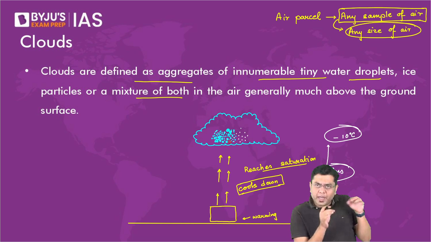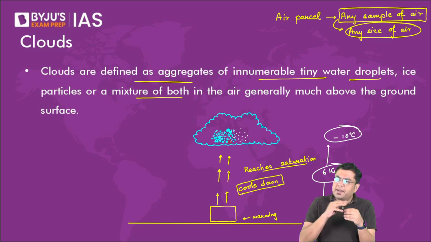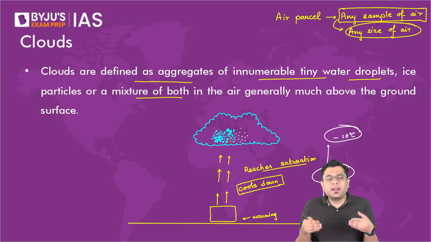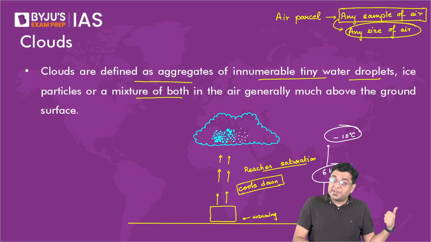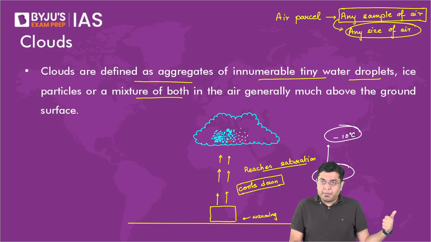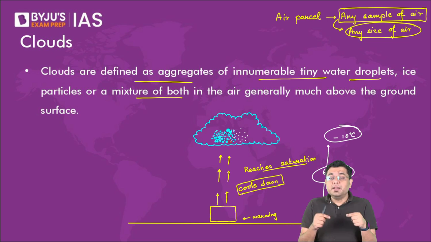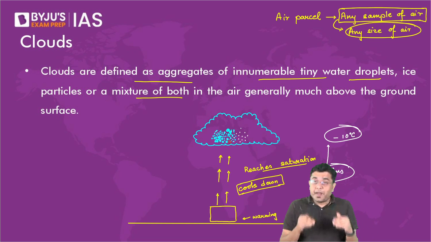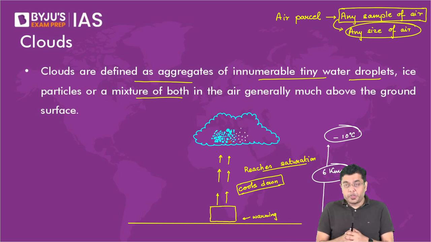That is why condensation happens around these dust particles. They allow the condensation to happen, so they are referred to as hygroscopic nuclei, something we discussed in the first class of climatology. Dust particles play a significant role. They provide the surface for the cloud formation to happen.